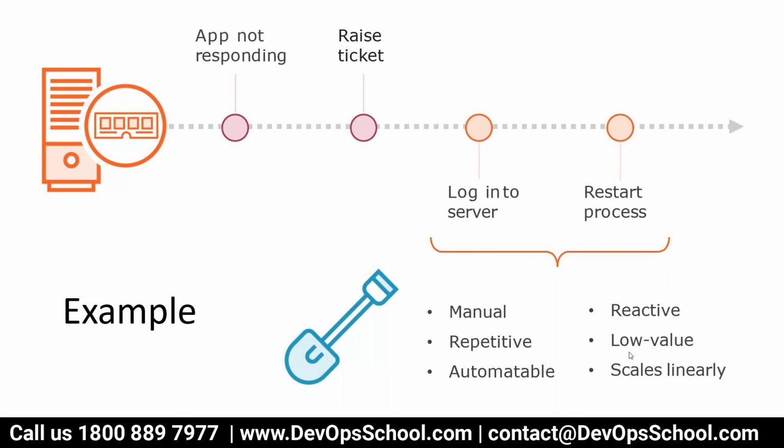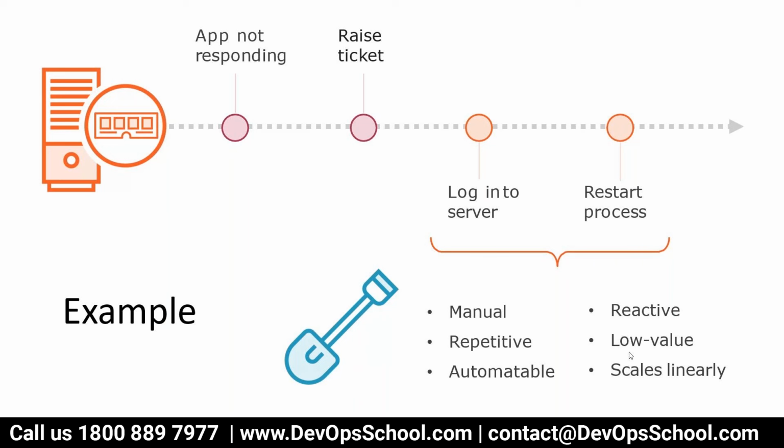So let's understand this way. Here there is one incident where the app is not responding. One ticket got raised, the ops team logged into the server and then restarted the process. So now if you see, this is the ops work, correct?